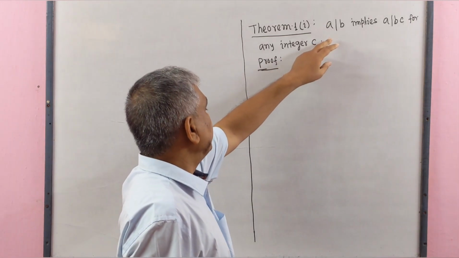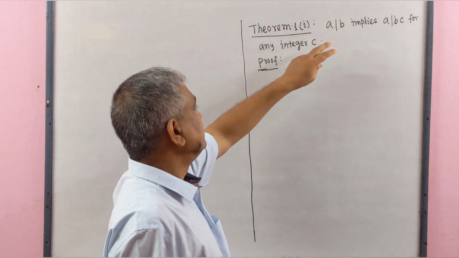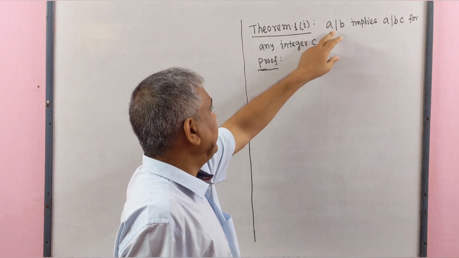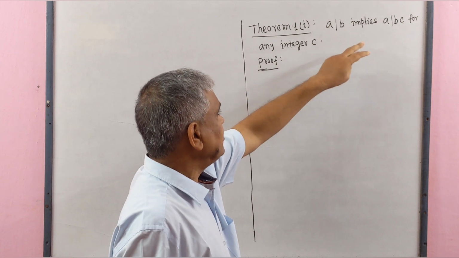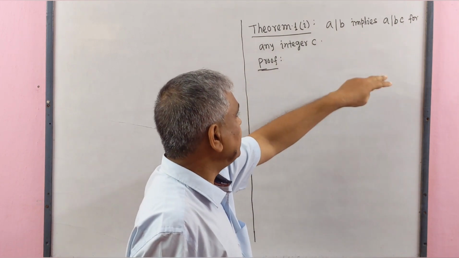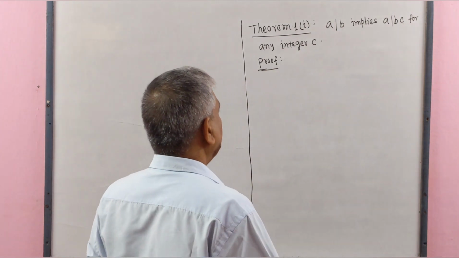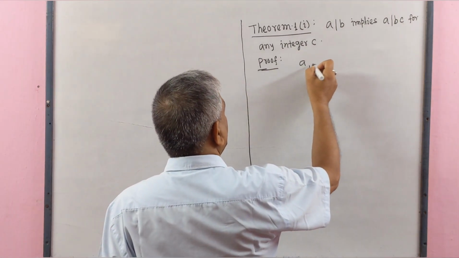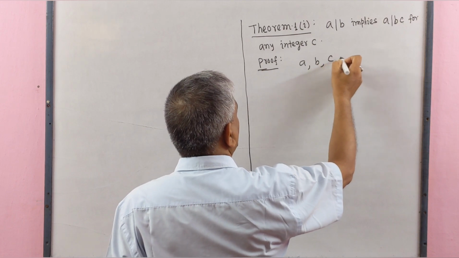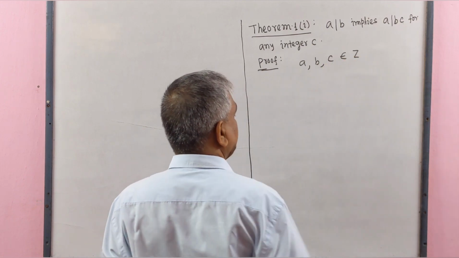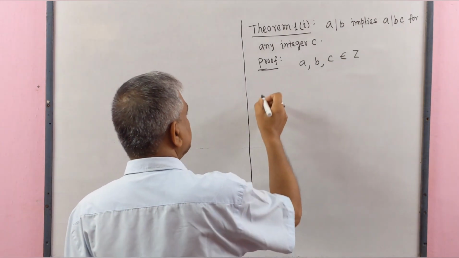Now we prove a theorem. Theorem is: A divides B implies A divides BC for any integer C. Here A, B, C are integers, means belong to Z, Z be the set of integers.